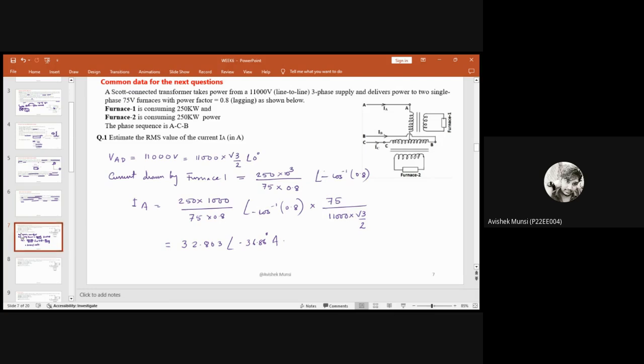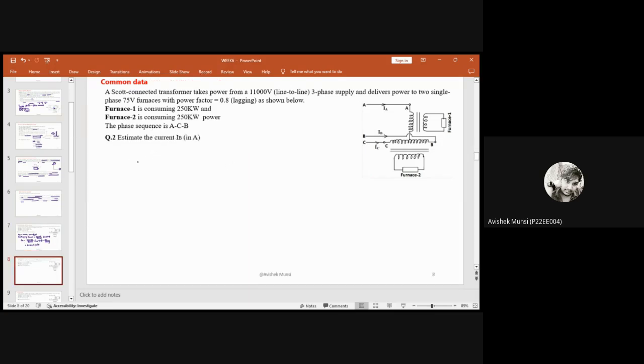So in the next part, we're asked to calculate IB. Similarly, for IB, you have to calculate the furnace 2 current. That is also 250 times 10 to the power 3, at an angle of 90 degrees, since, as I said, both are 90 degrees apart in phase. Okay. So now try to solve IB. I'm giving 2 minutes. I already solved this part. One part is left. Try to solve IB.